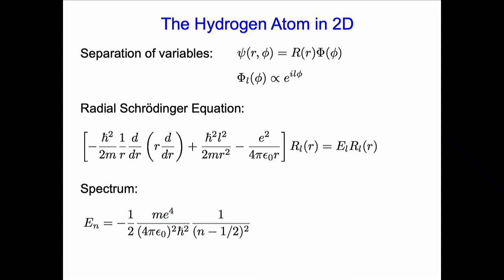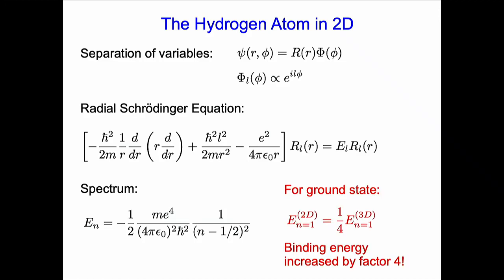But as we do for the 3D hydrogen atom, we can write down the spectrum analytically, and you get the same Rydberg constant, you get the same factor -1/2, but here you get 1 over (n minus 1/2) squared. And if you now calculate the ground state, n equal 1, then you see that for the ground state in 2D, it should be a factor 4.